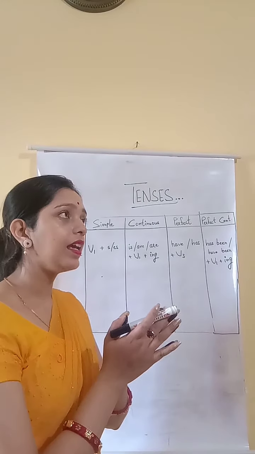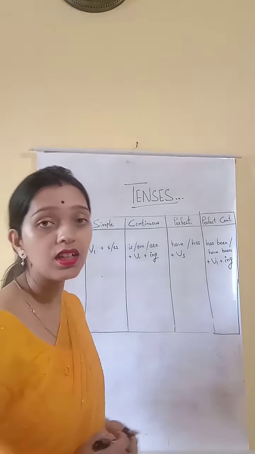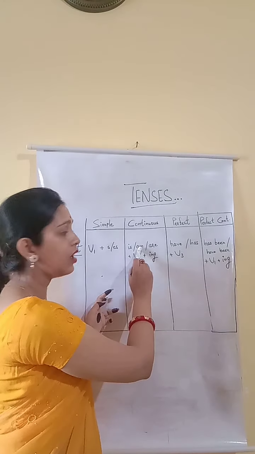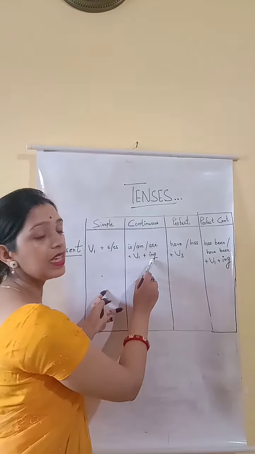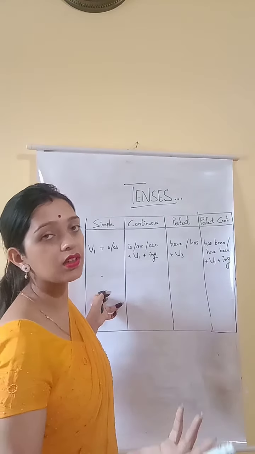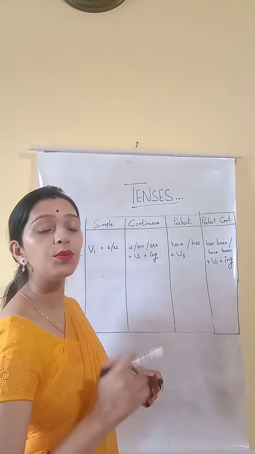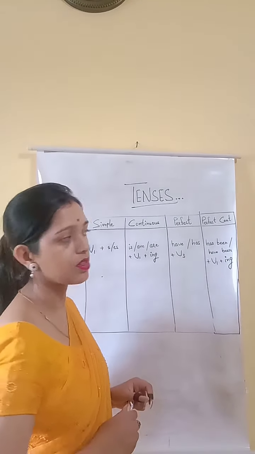If I play football, if you need to write it in continuous tense, so what you will use with I? Am. Okay, so I am, play is the verb. So we need to add ing with it. So I am playing football. So this would be the sentence for present continuous tense.